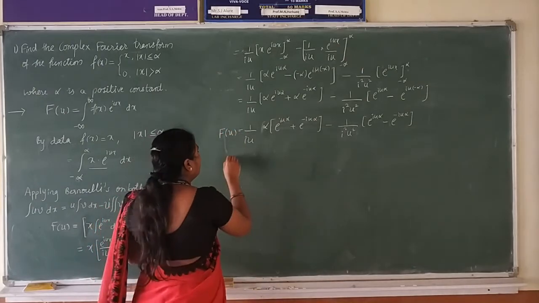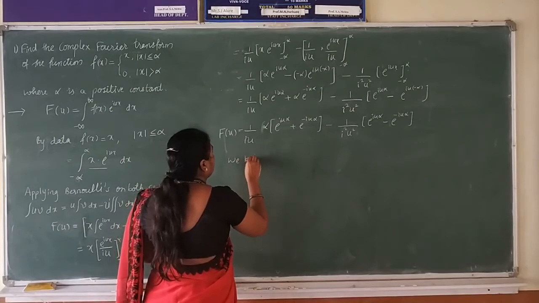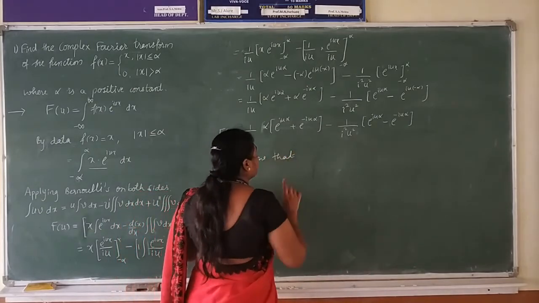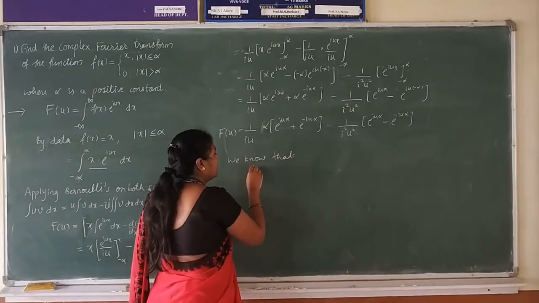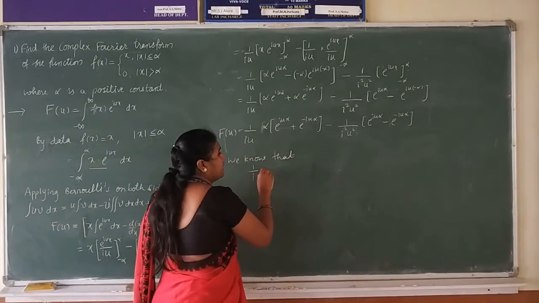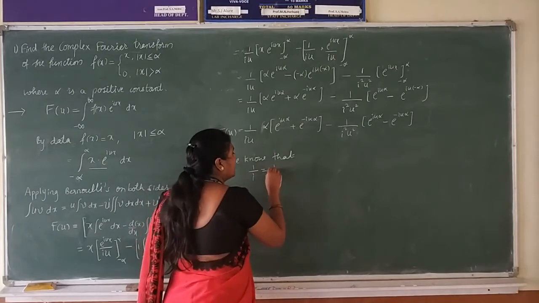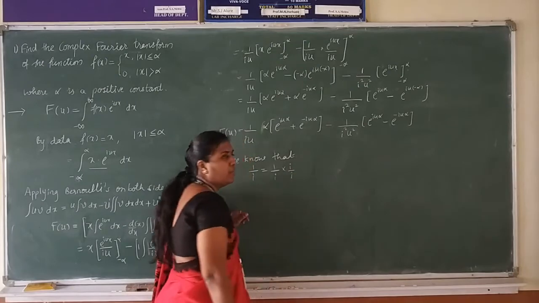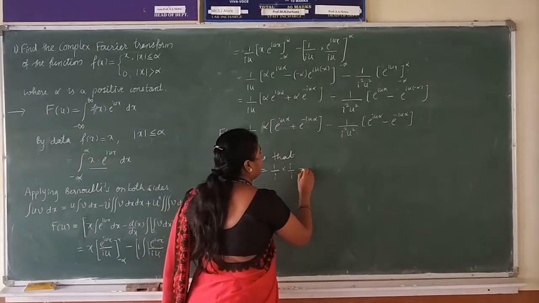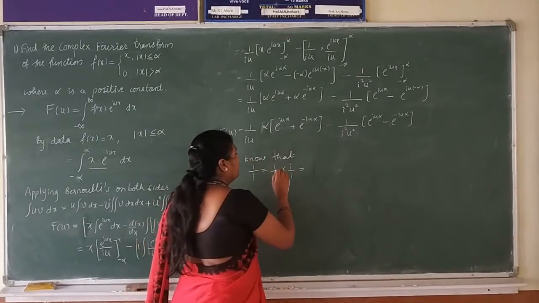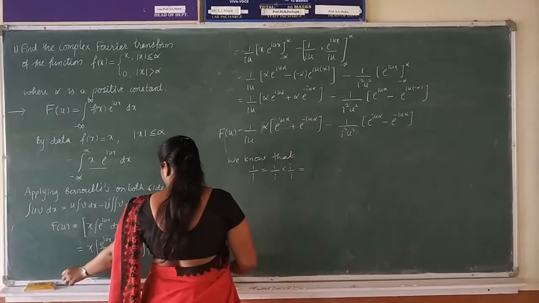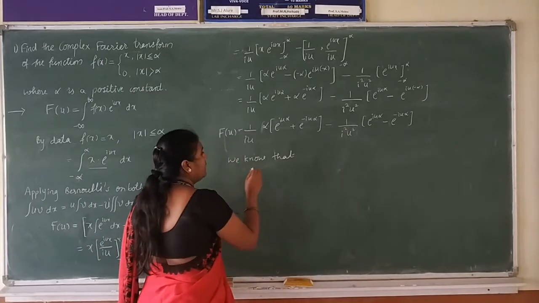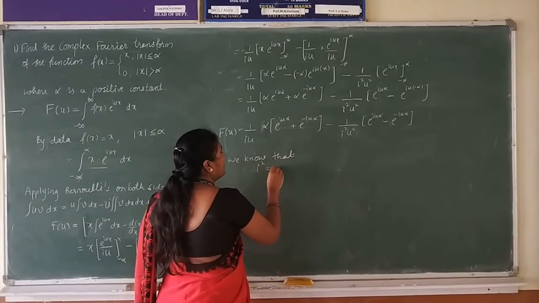Okay. Now we know that here we are going to simplify the complex number like this. The value of 1 by i we can simplify by multiplying and dividing by i. We know that i square is equal to minus 1.